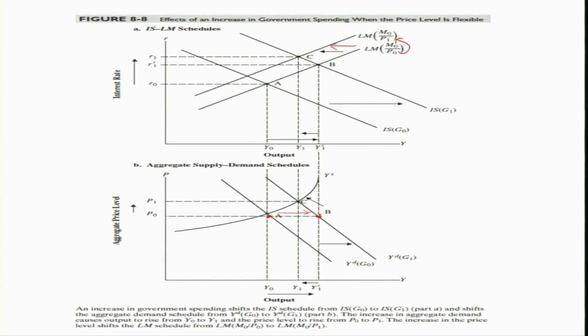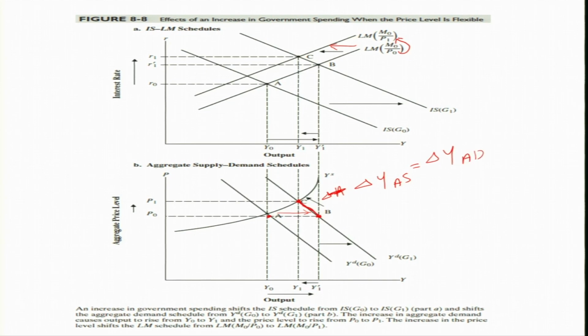So at a flexible price, we are moving along the demand curve, the new demand curve. This is going to be the new equilibrium output, where aggregate supply equals finally ΔY AD.